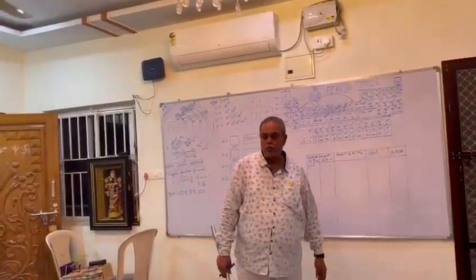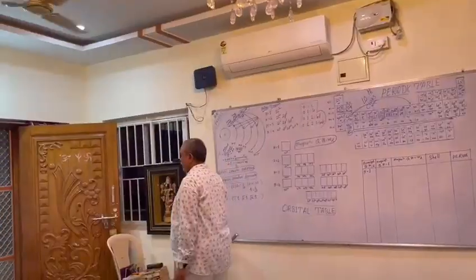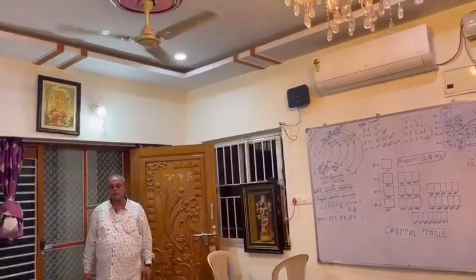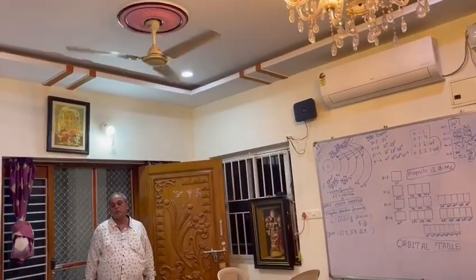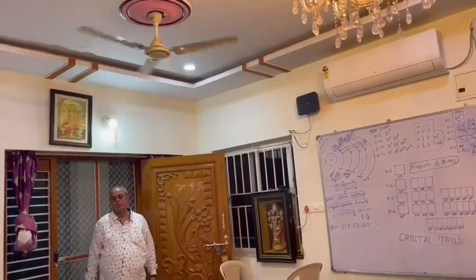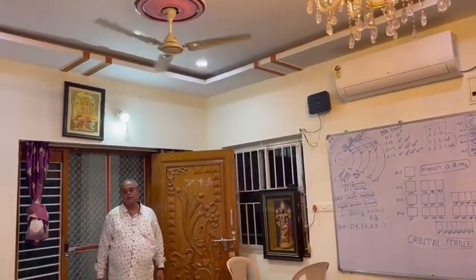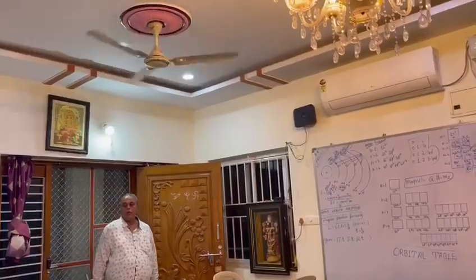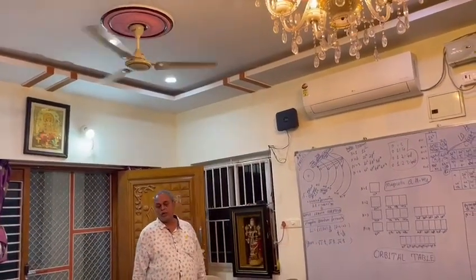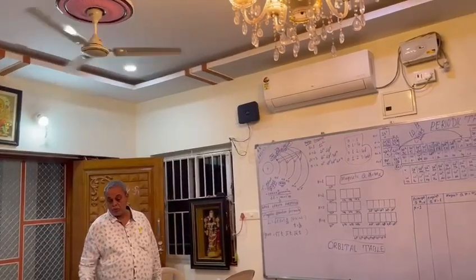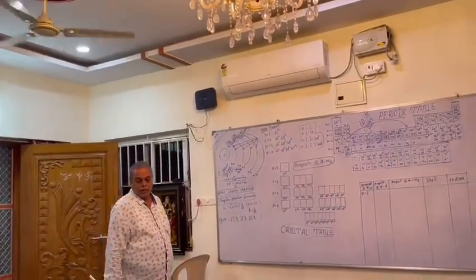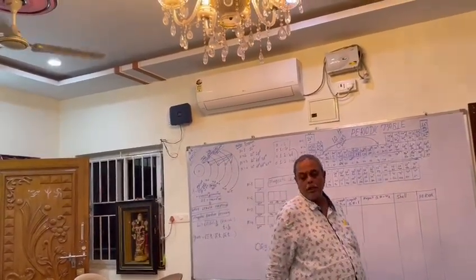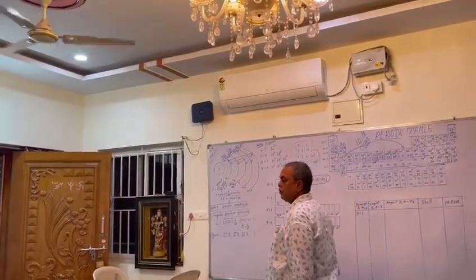If the electron jumps down from 5 to 1, it gives red color. 5 to 2, red color. 5 to 3, from the outermost shell to the third shell, it gives blue green.